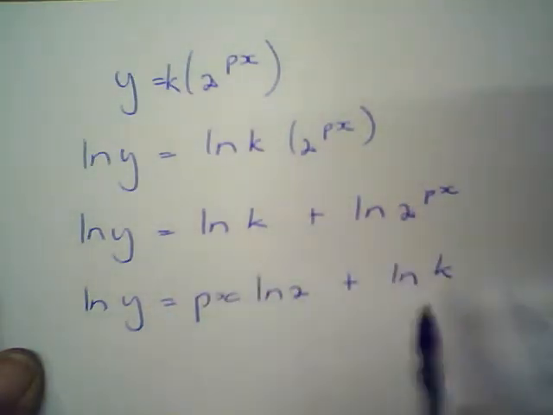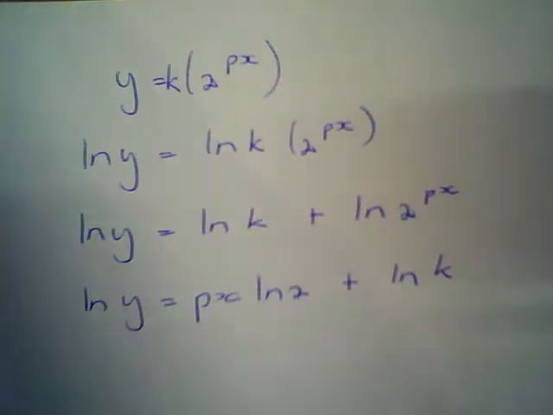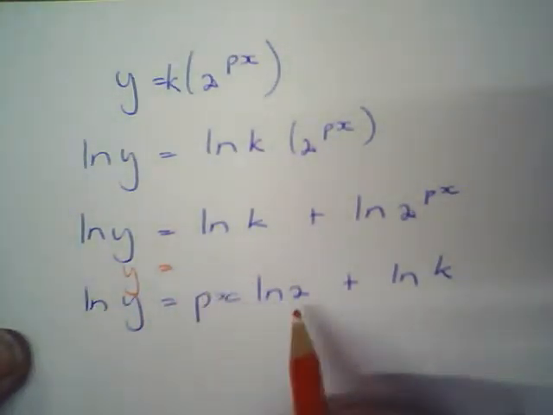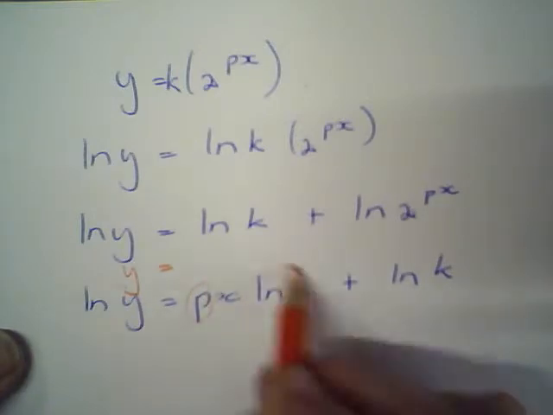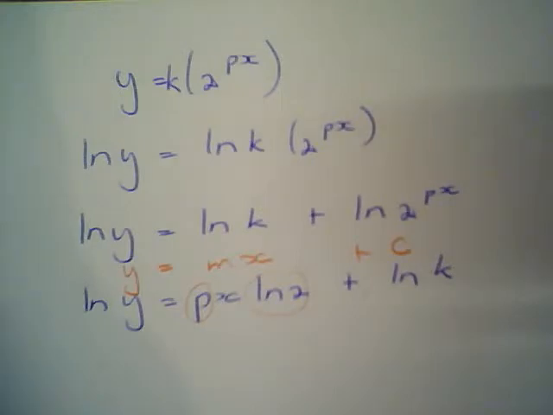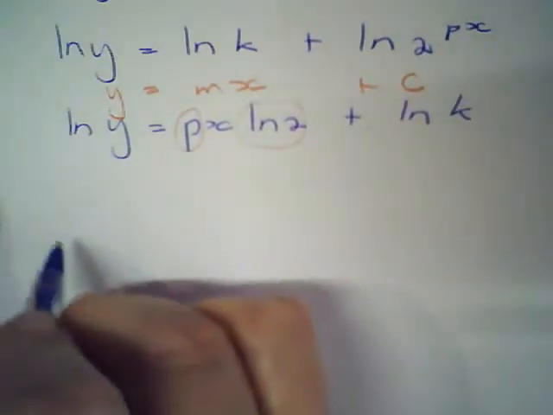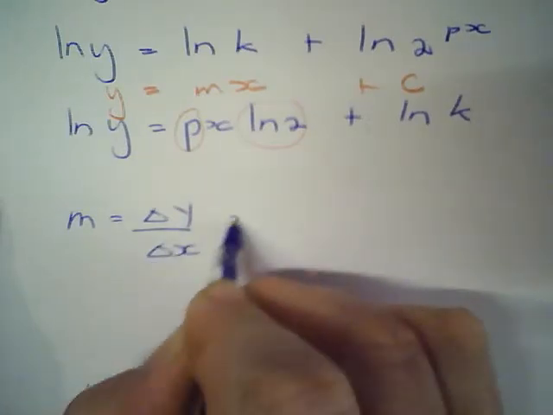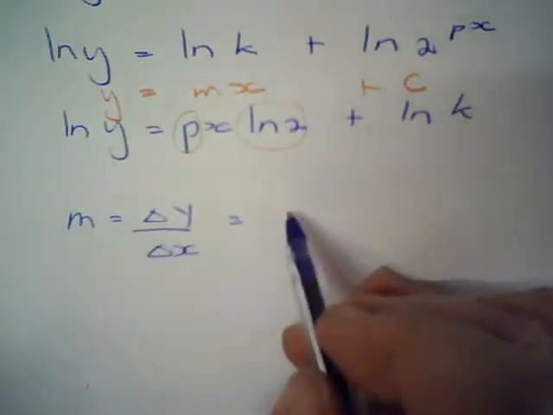That would give me it in the form y equals mx plus c. So m is the two terms that I've circled, the p and the natural log 2. Okay, good. I know how to find m. m is delta y over delta x, the change in y over the change in x.